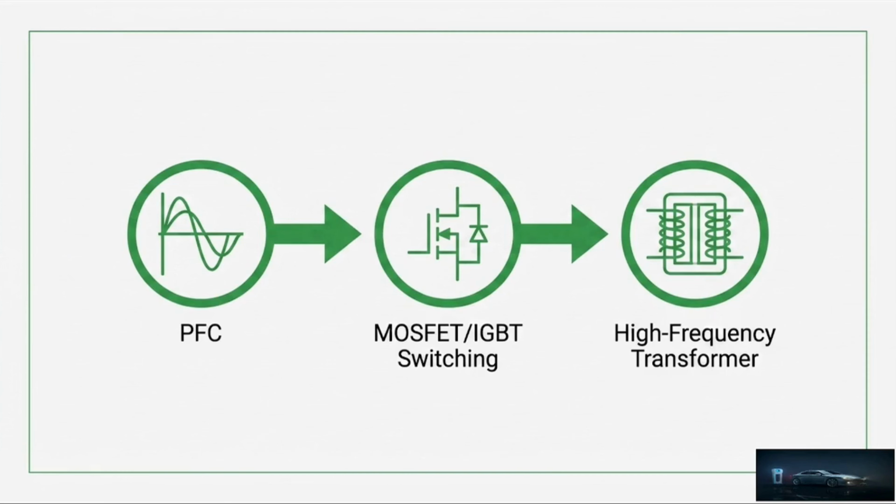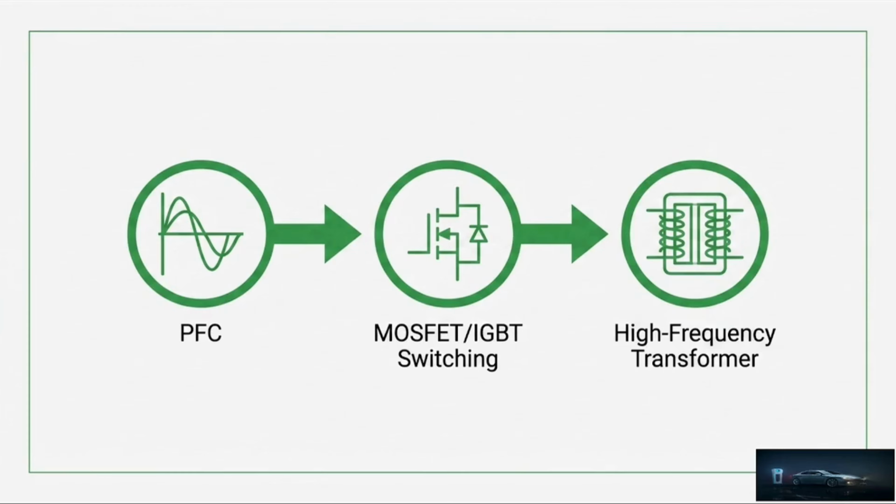So now the interesting question is why we use the high frequency transformer instead of simply using a large conventional transformer. Right, because operating at a high frequency allows the transformer to be much smaller in size.